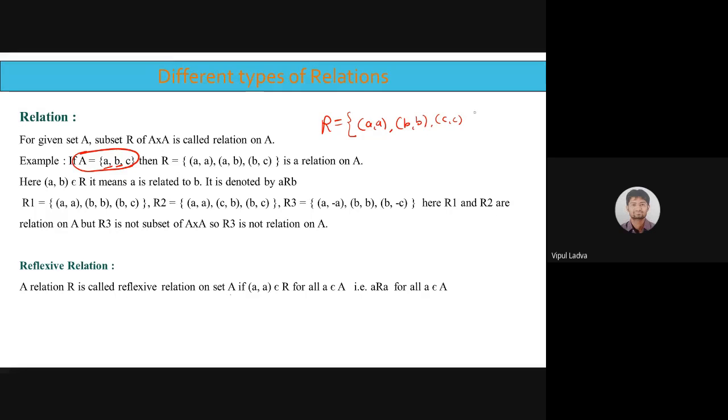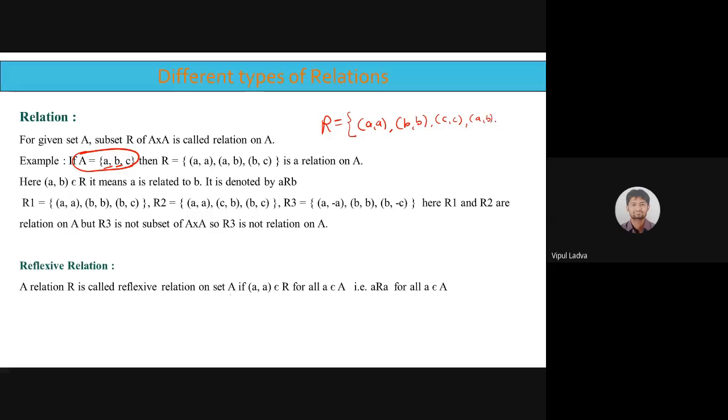It is not that the relation must not include any other ordered pair. It's totally fine if it has some other elements like this. But what is the necessity? If I'm talking about a relation on set A, and set A has 3 elements, then all 3 elements must have a relation with themselves. Observe here. B is related with B, A is related with A, C is related with C. We are not worried about the rest of the elements, whether they are present or not. We are good with that. Then such a relation is known as reflexive.